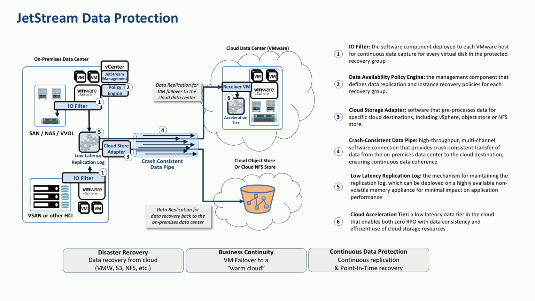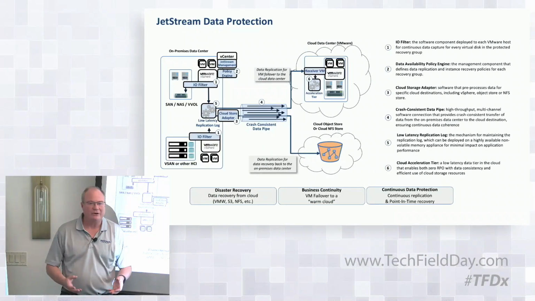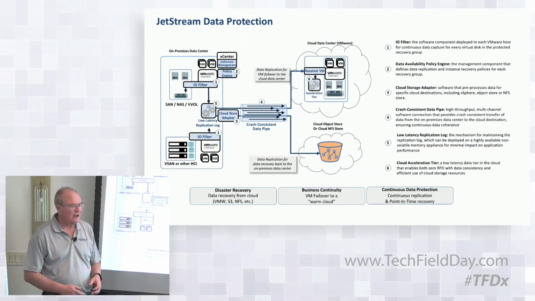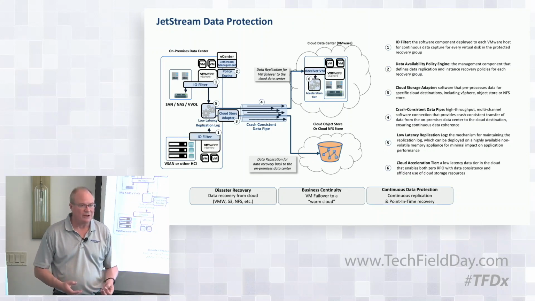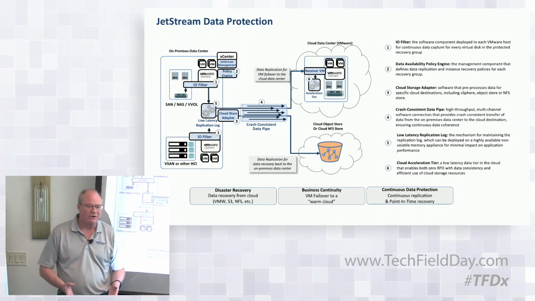So with these three objectives, we want to provide an infrastructure to the on-premises environment that it can use a policy engine to define availability groups or recovery groups that have the same policies for data replication and for recovery.